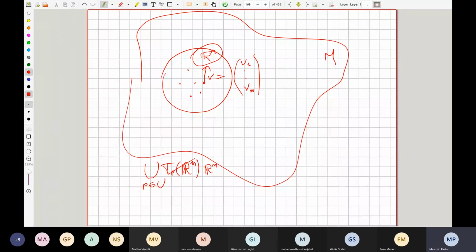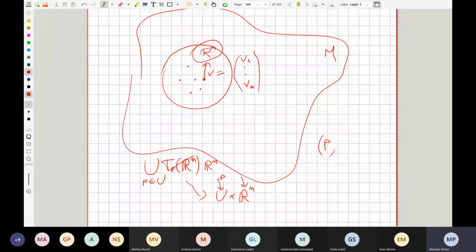And so this union at the end is just U times Rn. I mean, now that you are local, a tangent vector is just a point and the coordinates of the tangent vector at that point. So a tangent vector is this point and the vector (v1, ..., vn).